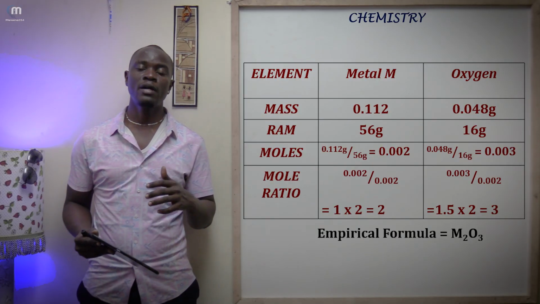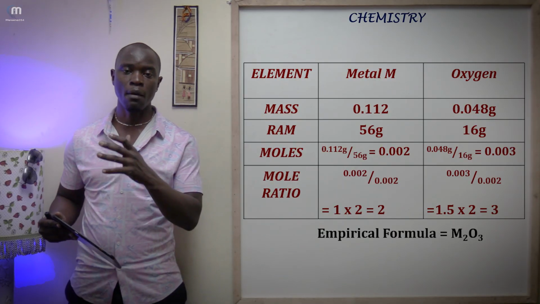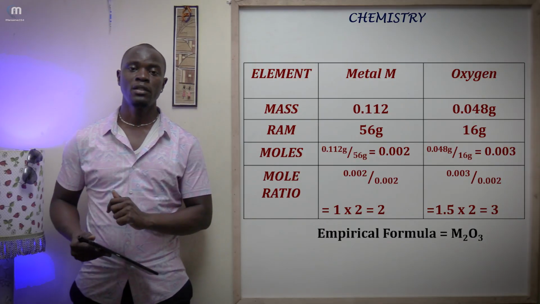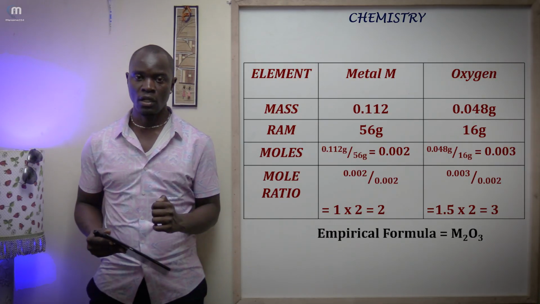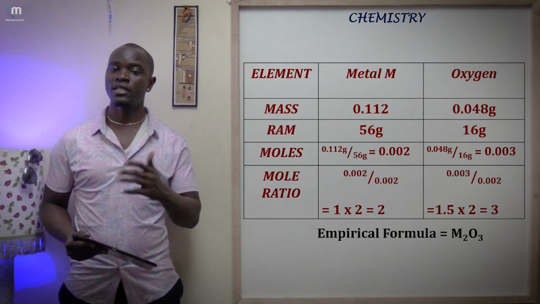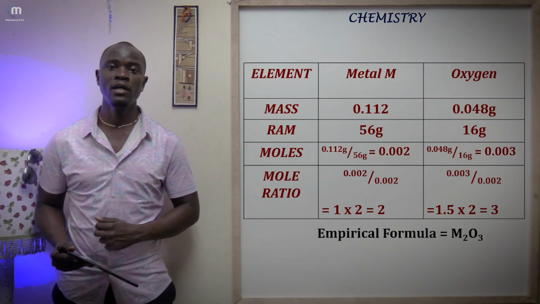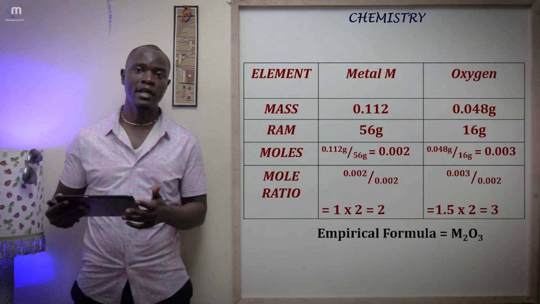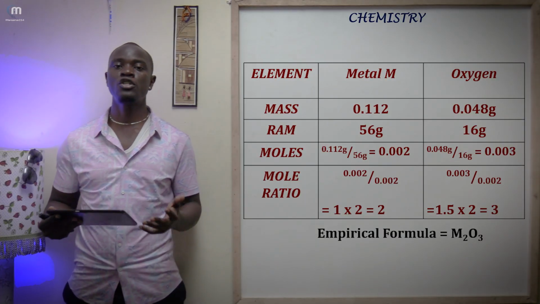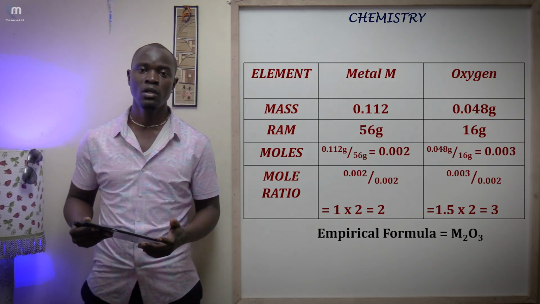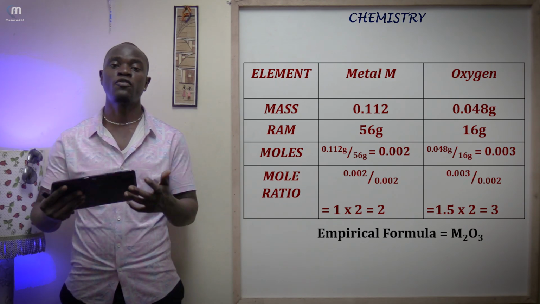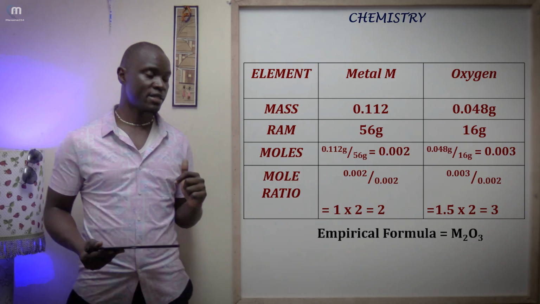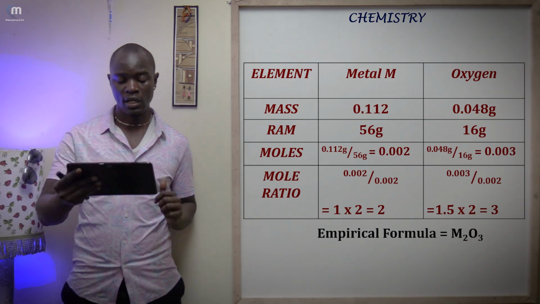But empirical formula must be a whole number, so to make it whole, we multiplied everything by 2. That gives us the definition of empirical formula: a formula which shows the whole number ratio in which atoms combine to form a compound. So it must be a whole number ratio.